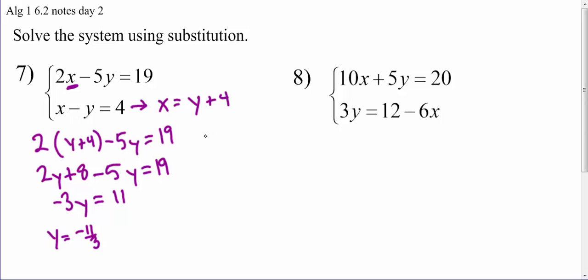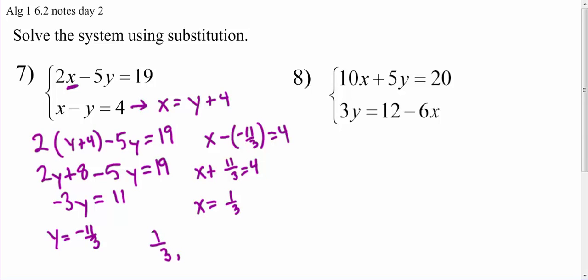I'll probably use the second equation, x minus negative 11 thirds equals 4. So essentially this is x plus 11 thirds equals 4. So I need to subtract 11 thirds from each side. 4 is 12 thirds, so I'll get x equal to 1 third, and that's my ordered pair.